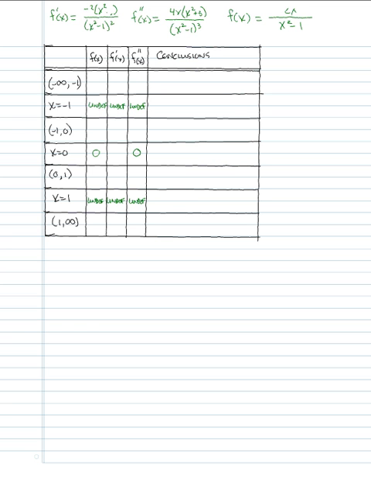For the first derivative, we could test interval by interval, but I'm noticing that no matter what we put in for x on top, x squared plus 1 will be positive. On the bottom, as long as we don't put a 1 or a negative 1 in, x squared minus 1 might be positive or negative, but when we square it, it will be positive.